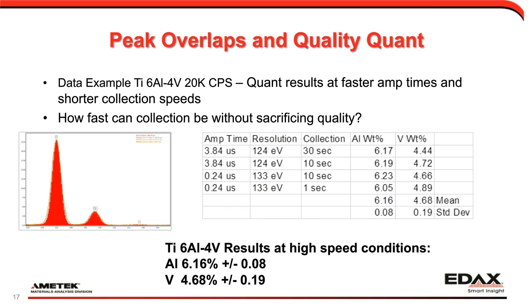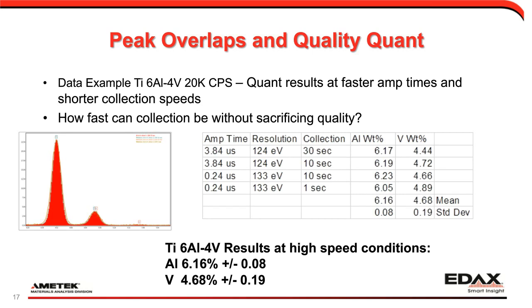Now, the vanadium is the much more challenging peak, and we can see that there is a greater difference from the target value. With vanadium, we're targeting a 4% value, and we see that we've got a 4.68 mean value across the 4 different collection conditions. But still, our standard deviation is not unduly high for this challenging peak overlap. Even at the faster process time, if we collect for a little bit longer, the 10 seconds, that's still going to give us a nice value that's close to our target value.